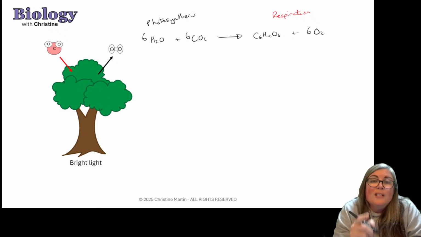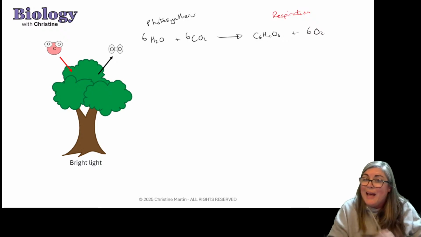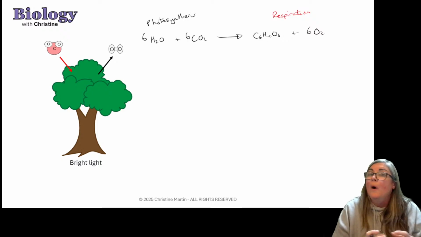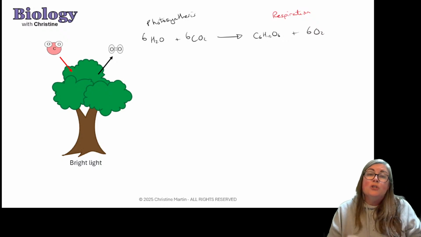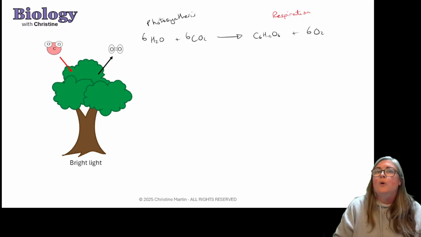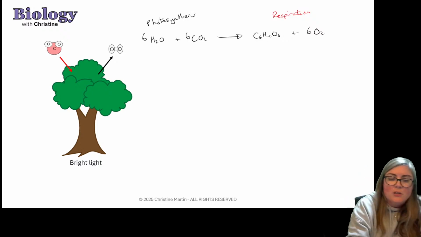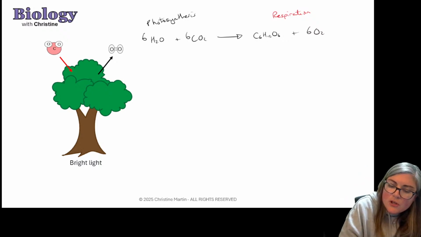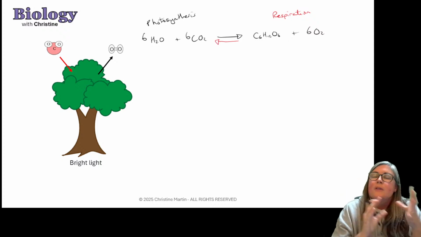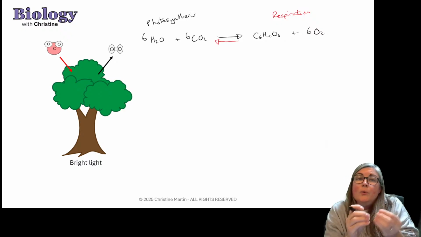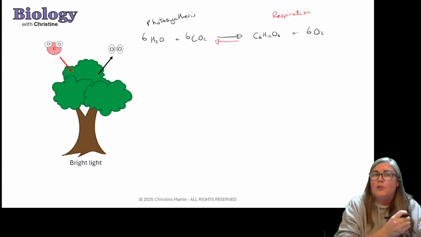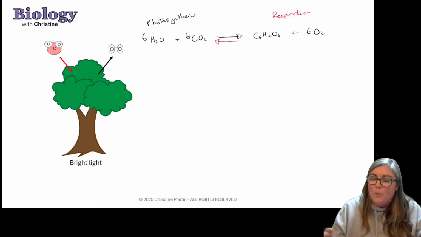And you're absolutely right. Respiration is always happening, whether it's an animal or whether it's a plant. Those cells will require energy, the energy to do metabolic processes, and therefore they are going to require glucose and oxygen. So if we know that respiration goes in the opposite direction, we know that glucose and oxygen are going to come together, and that therefore will produce water and carbon dioxide as a waste product.